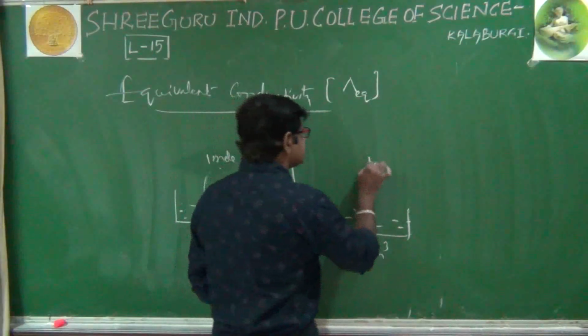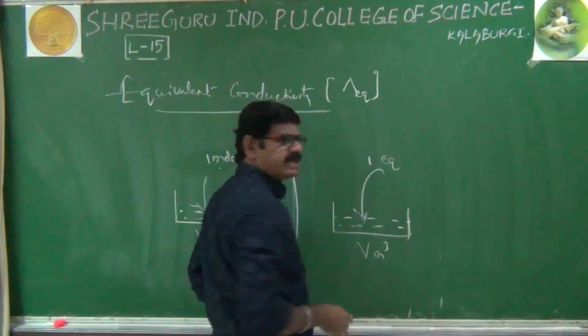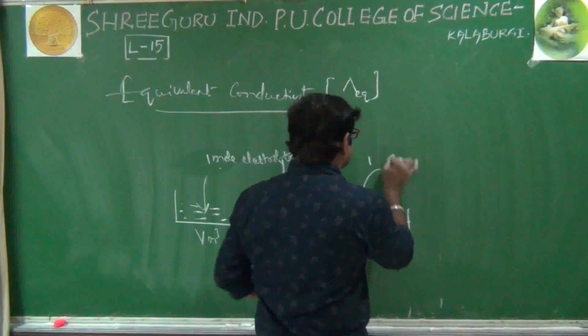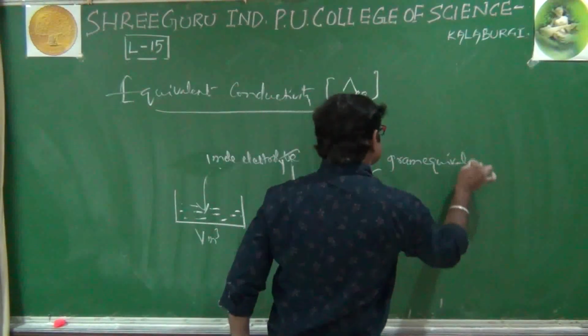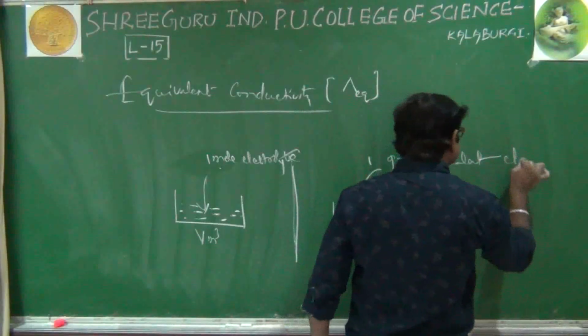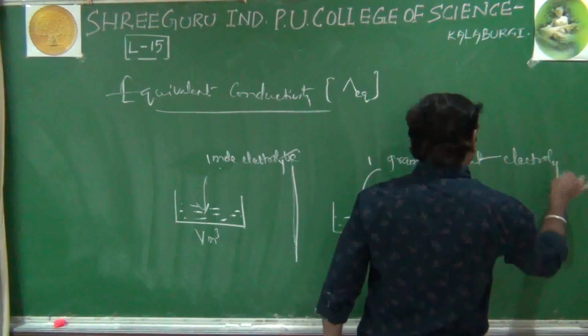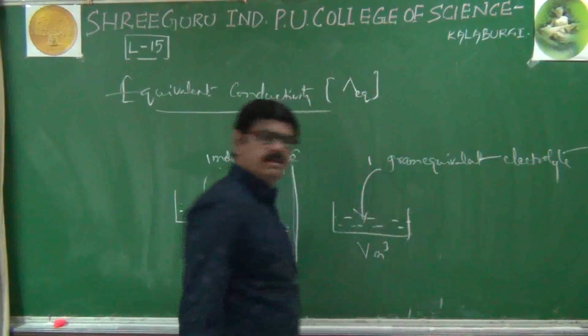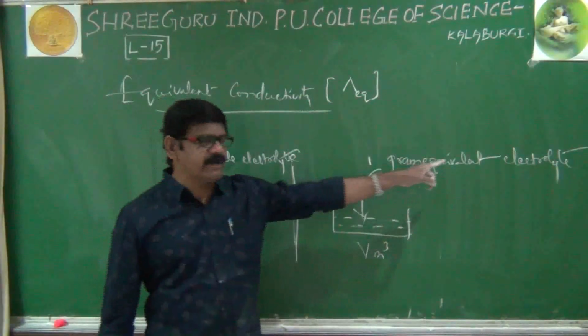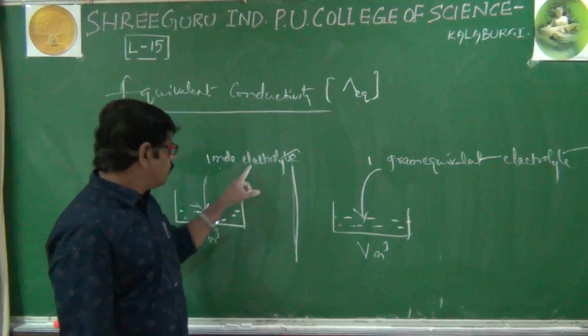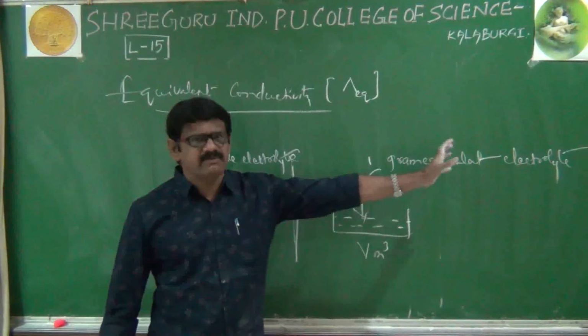Now I'll write here like this: 1 equivalent, or 1 gram equivalent electrolyte. That's why here mole electrolyte, equivalent electrolyte.